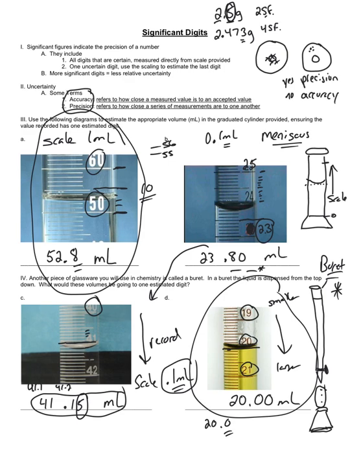Also, you'll notice that the skinnier a column gets, the thinner its cylinder is, the more precision the measurement takes. And therefore, any glassware, the skinnier it gets, the more precise it is in measuring liquid volume. And therefore, we tend to be able to measure to more and more decimal places. But it also tends to be more expensive as well.